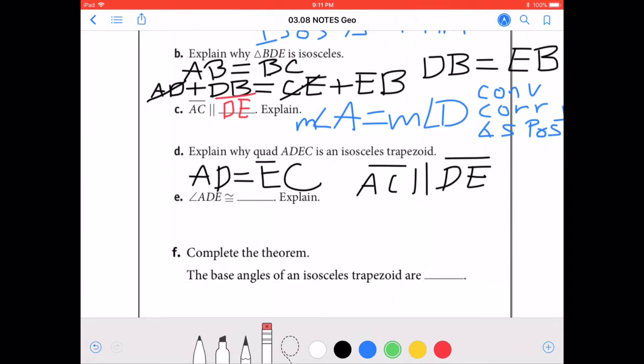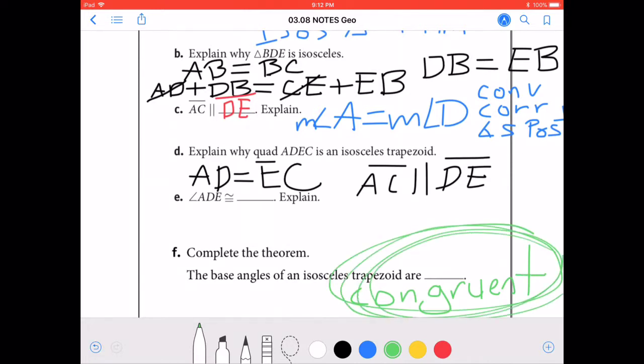Alright, there's no way I'm going to fit it on that line. So the base angles of an isosceles trapezoid are congruent. We'll see an example of that when we use this on the next problem. Let me just circle this a couple times so that people who are trying to skip ahead can realize that this is important.